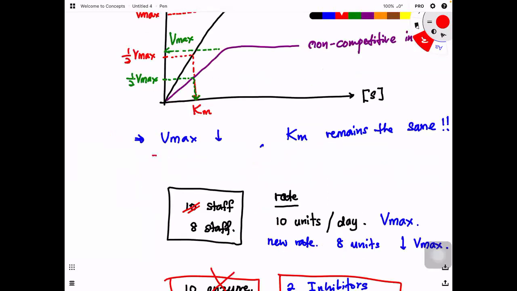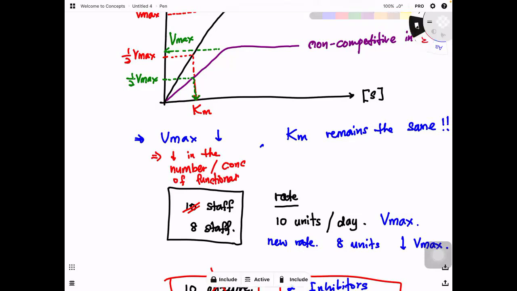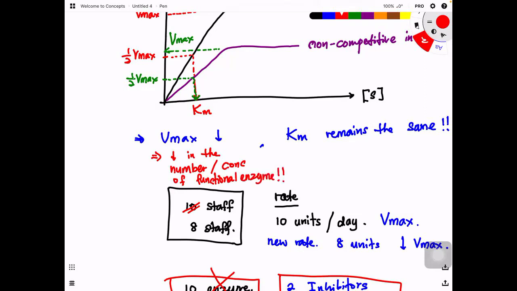Because there is a decrease in the number or concentration of functional enzyme. Are you clear? The number of workable, functioning enzymes is actually lower already. So that's why Vmax is definitely lower.